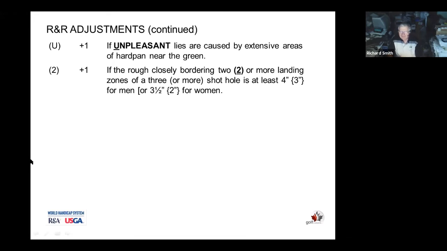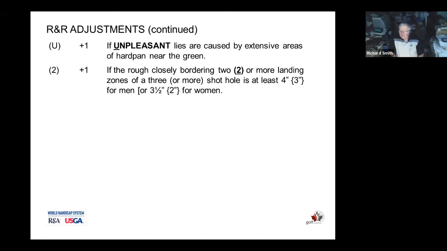You can have a 2 times adjustment if you have heavy rough occurring on 2 or more landing zones on a 3 or more shot hole. Now it has to be at least 4-inch rough for men or 3.5-inch rough for women.